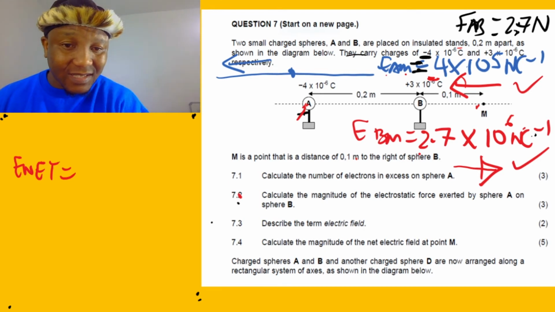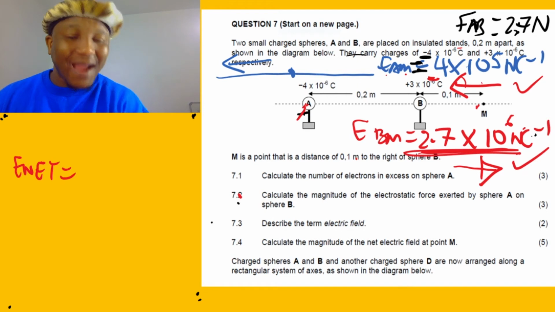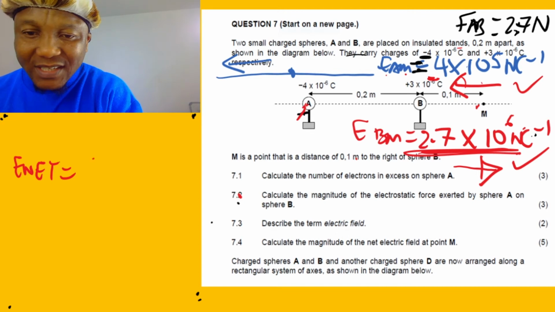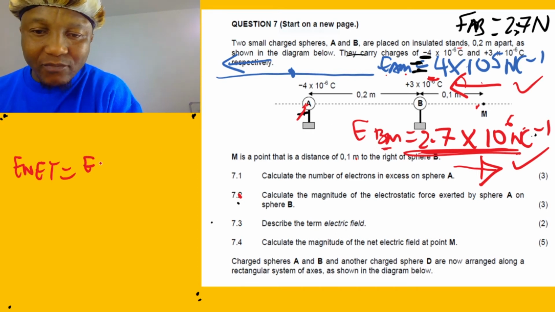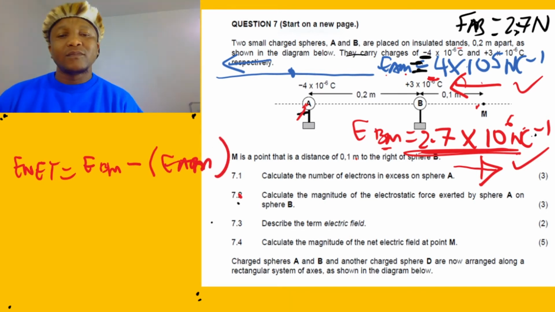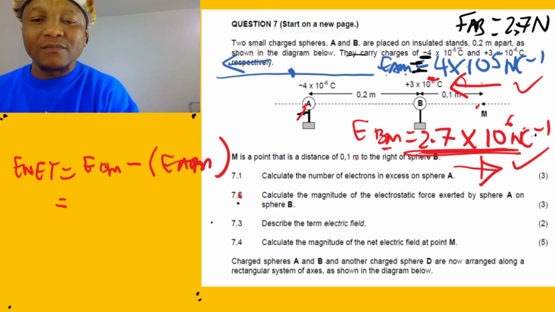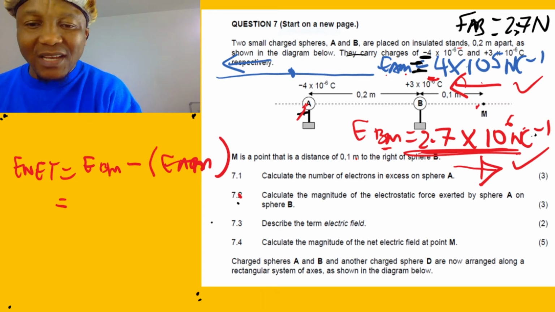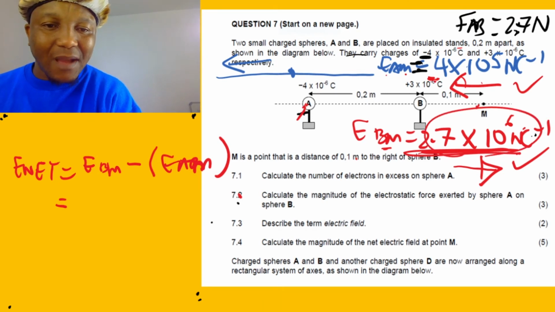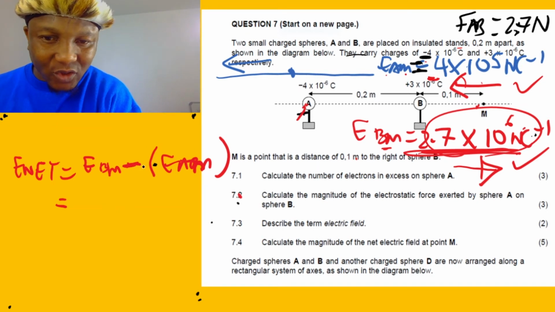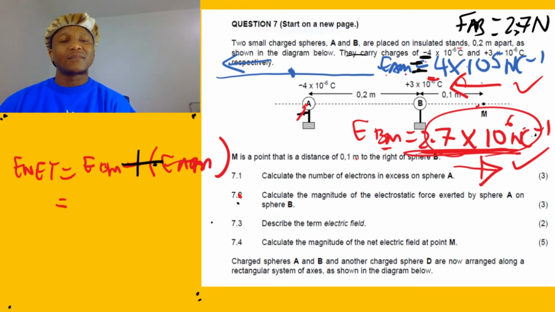This is bigger, so take the bigger one minus the smaller. The electric field of BM minus the electric field of AM, but AM is negative, so it becomes positive.